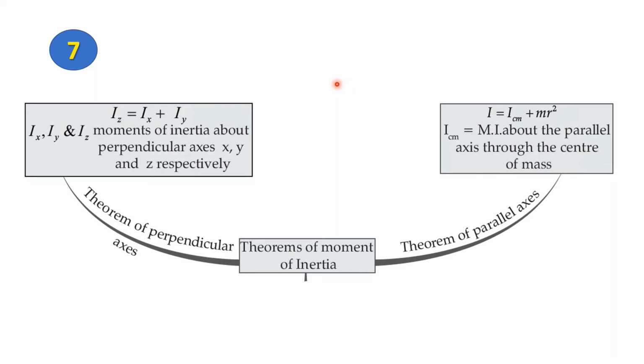These two formulae are important in the sense that when you need to calculate the moment of inertia of certain regular or irregular bodies about a specific axis, that axis may not be the axis passing through the center of mass. In that case, we use the parallel axis theorem and the perpendicular axis theorem depending on the situation. So that completes the theorems of moment of inertia.